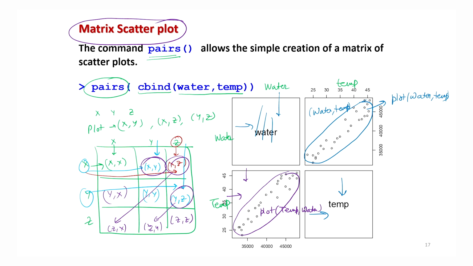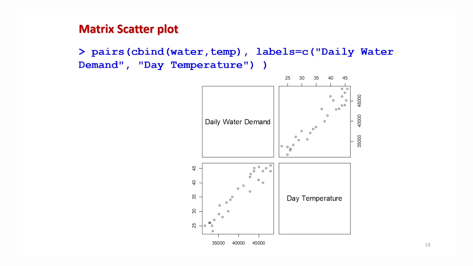For example, if I have 3 variables, suppose x and y have some trend, y and z have some different trend, and x and z have some different trend. Now it is a challenge to decide what is the joint variation of x, y and z. But it is not difficult, because if you practice, you can always find out. So this is how matrix scatter plots are created.